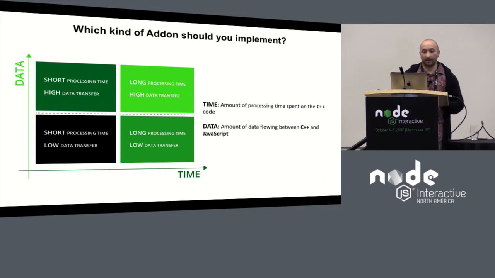Buffers are special JavaScript objects that use memory outside of the V8 heap. So you can access it directly from C++ without copying this kind of data.